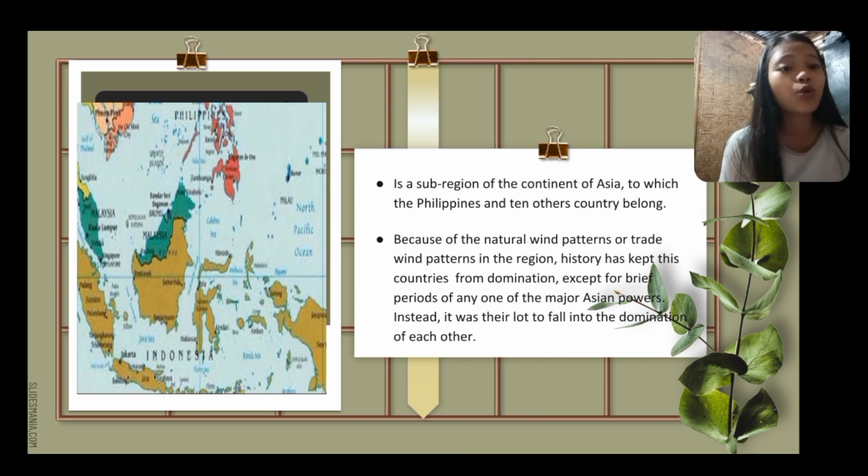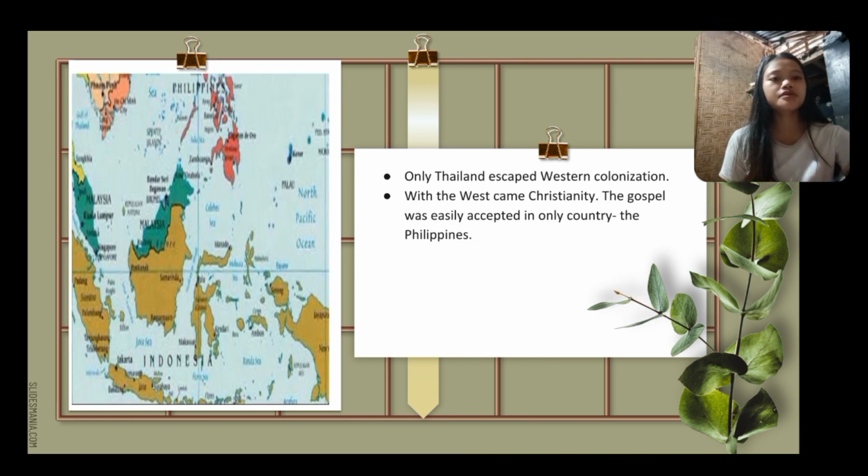Instead, it was their lot to fall into the dominance of each other. Only Thailand escaped Western colonization. With the West came Christianity. The gospel was easily accepted only in the Philippines.